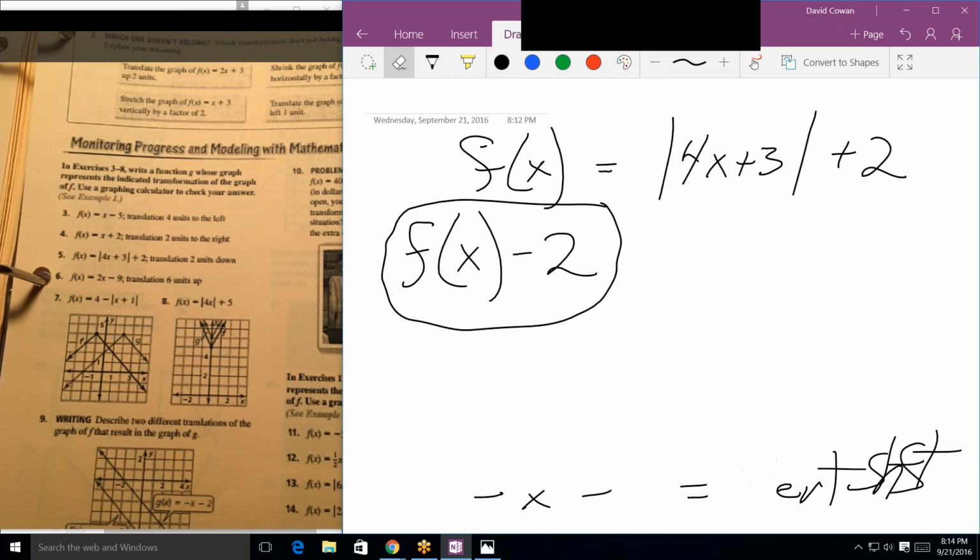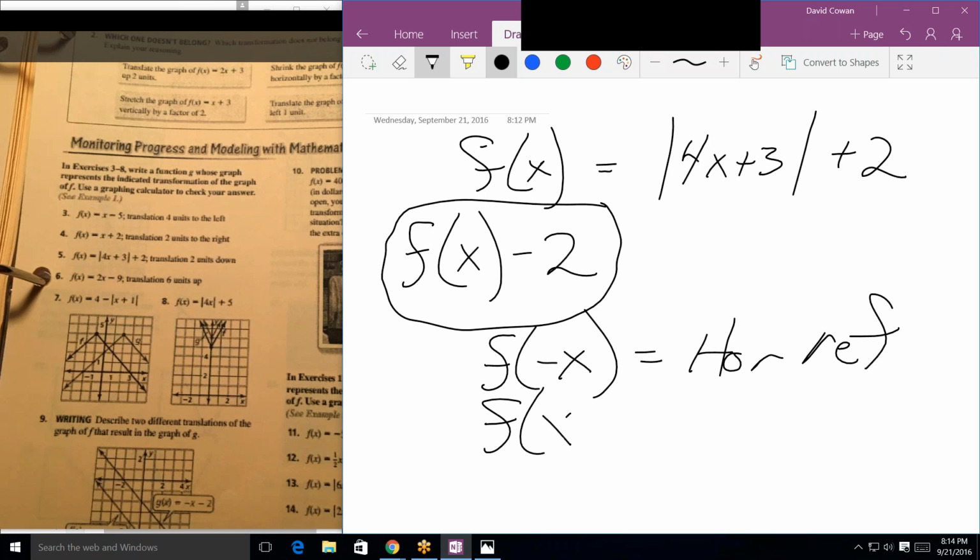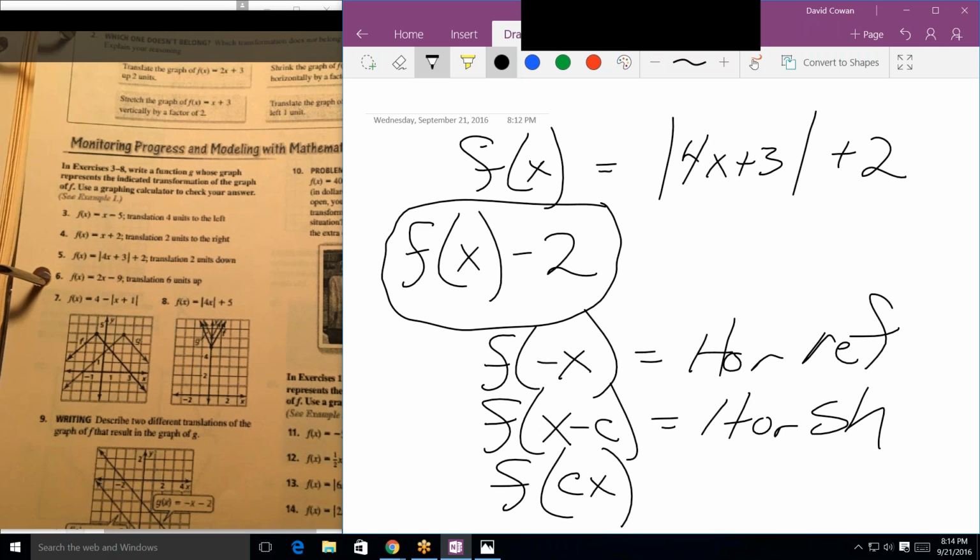Let me just give it to you because this is a very, very important concept you need to get. So f of minus x, notice the minus sign is inside, that's a horizontal reflection. f of x minus c, that's inside, horizontal shift, and f of c times x, c being any number, that's a horizontal stretch.